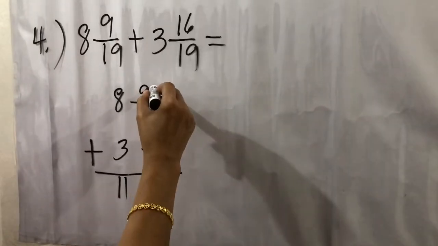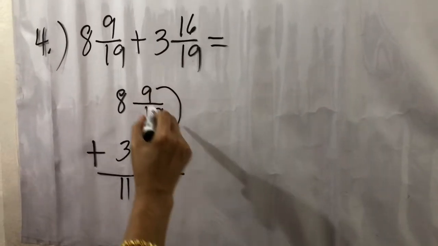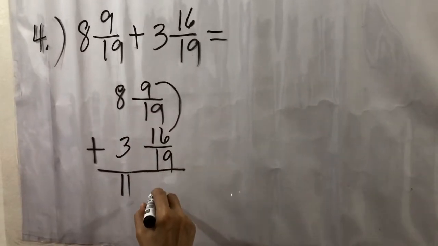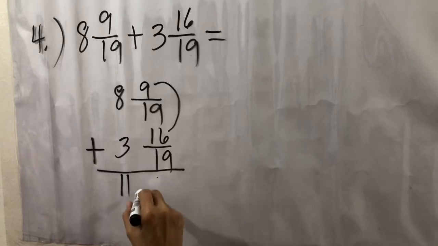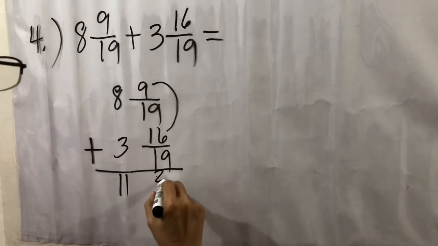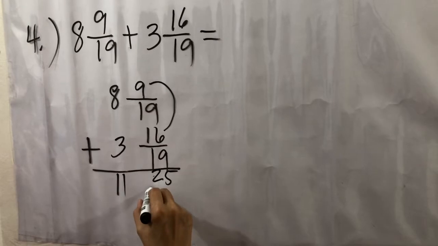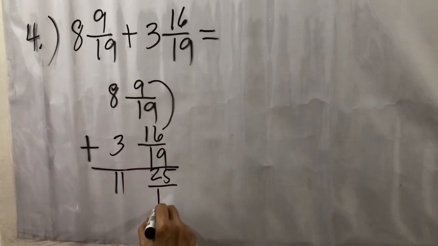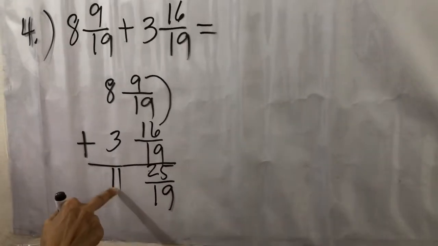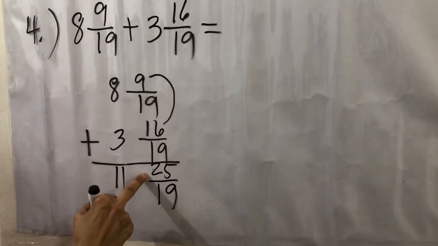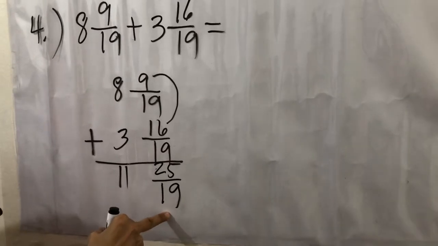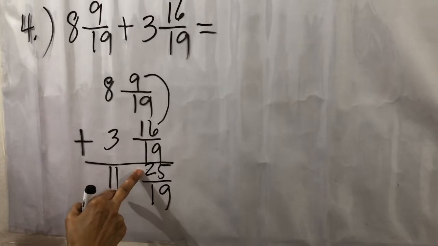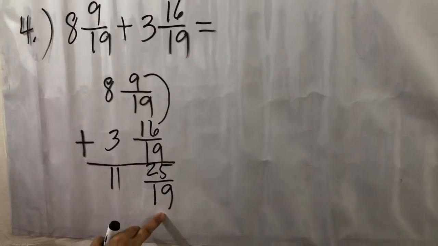The next one, you add the numerators 9 and 16. So the answer is 25. And then the denominator, you copy 19 as is. So the answer now is 11 and 25/19. So you see the fraction, the numerator is greater than the denominator.